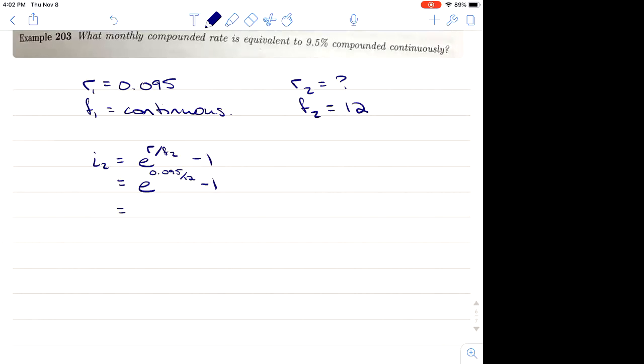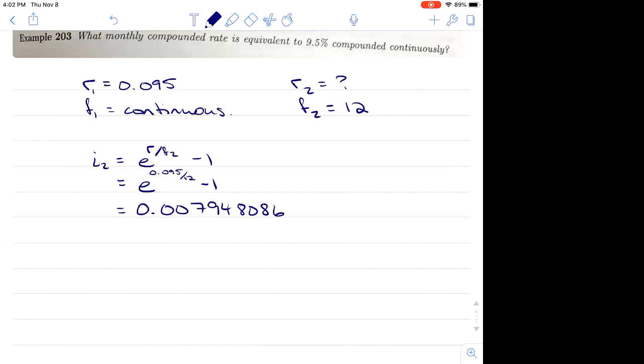I'll just subtract 1 right away because it doesn't matter. 0.007948086. This is the periodic interest rate, right? So this is each month.